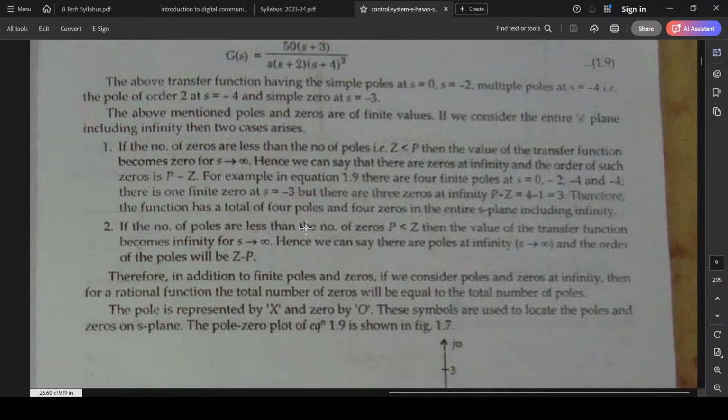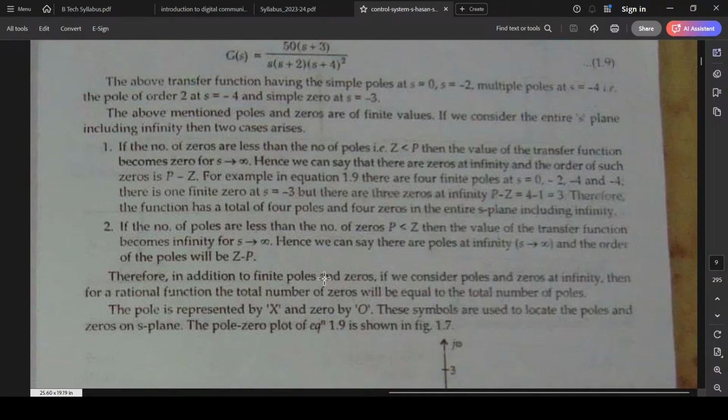If the number of poles is less than the number of zeros, p is less than z, then the value of the transfer function becomes infinity for s becomes infinity. If s becomes infinity, the transfer function also becomes infinity. Hence, we can say there are poles at infinity, and the order of the poles will be z minus p.